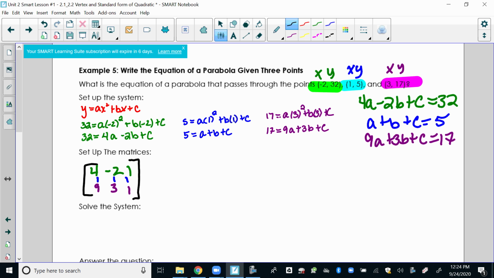And then we have our variable matrix, which is a, b, c, our 3 variables, and that equals our constant matrix, which is 32, 5, and 17.